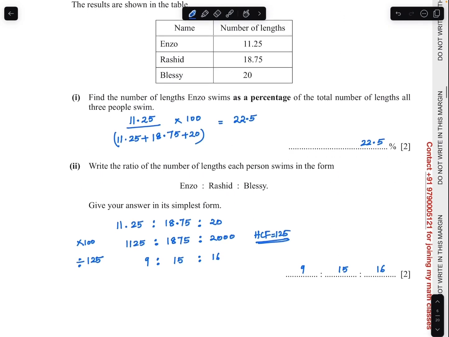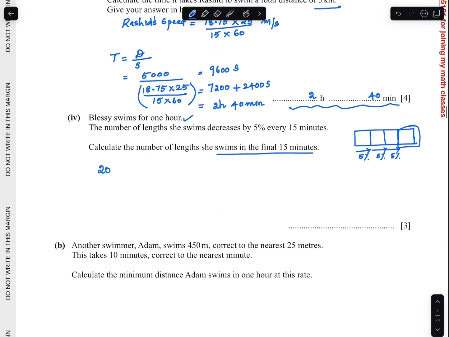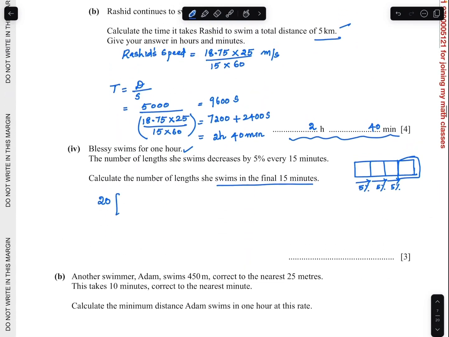Next, how is it depreciating? By 5%. So 1 minus 5 upon 100, the whole power 3. Why 3? Because we are considering first, second and third. So as she enters the fourth, we have to find out.